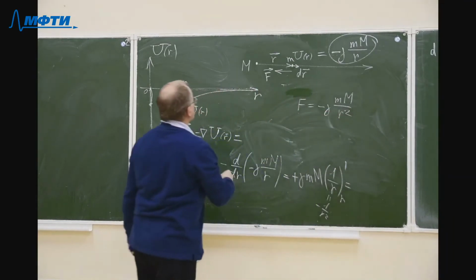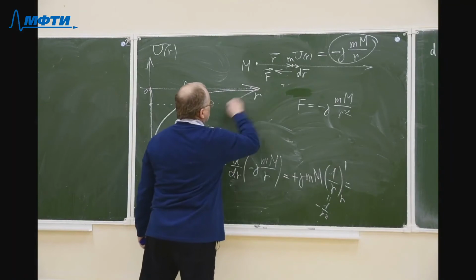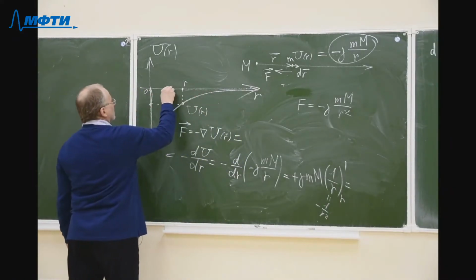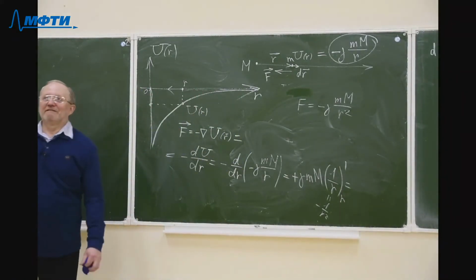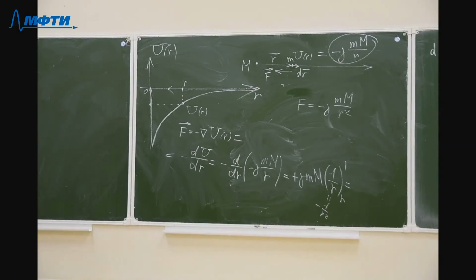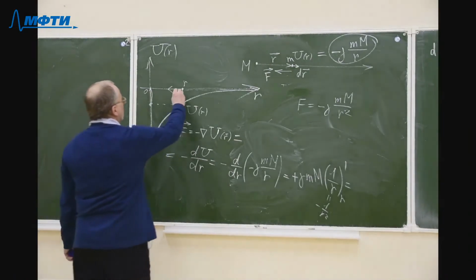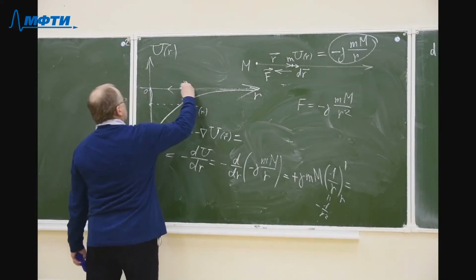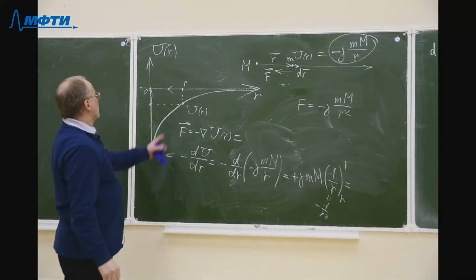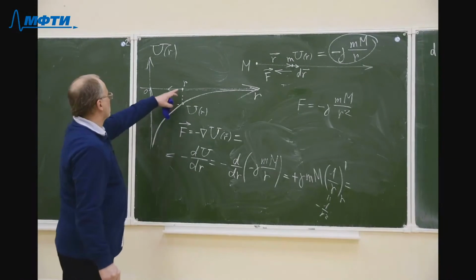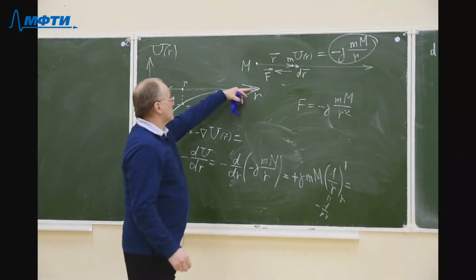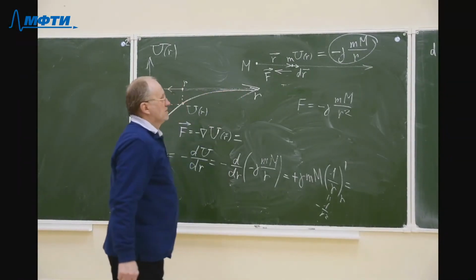Why minus? Because the positive direction is here and the force will be directed here. That's why minus, right? The force is directed towards negative values of r, and the positive values of r are different.